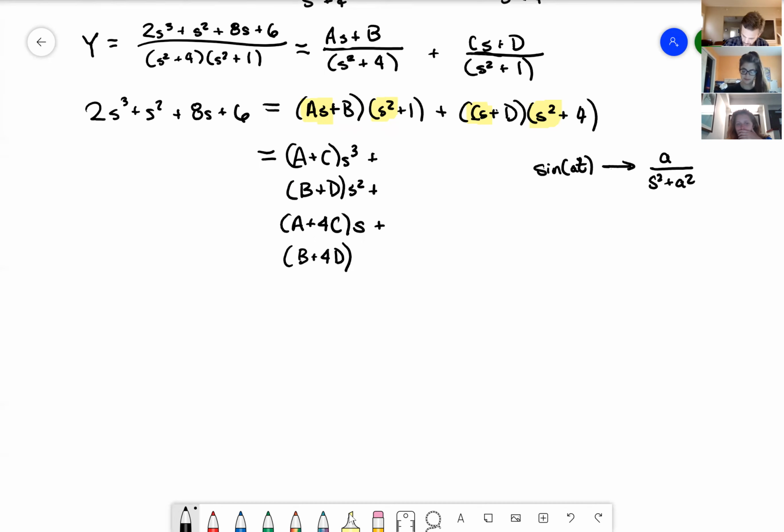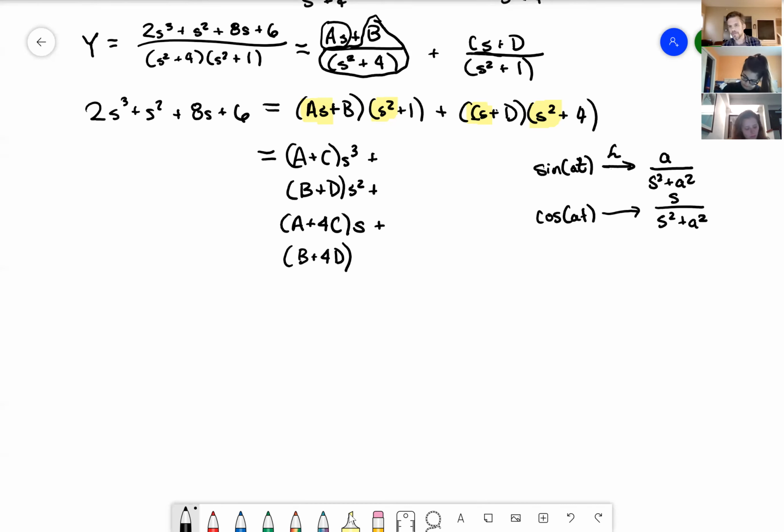Now that'll give us our constant over a quadratic. So that's fine. But we want a linear over a quadratic as well, and that's cosine. So not equals, this is by the action of the Laplace operator. s over s squared plus a squared.